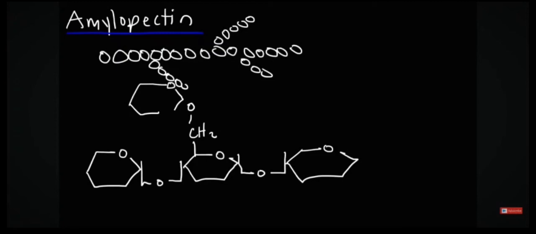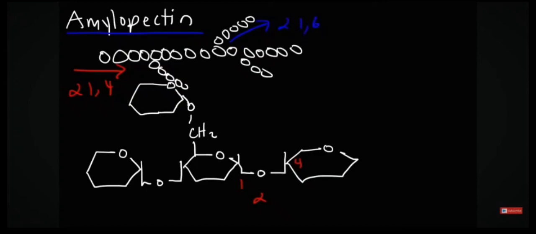Now, the main chain is as explained for the amylose. Now let's talk about the bonds of amylopectin. The straight chain contains alpha 1,4. This is 1 and 4. The alpha 1,4, same as the amylose.